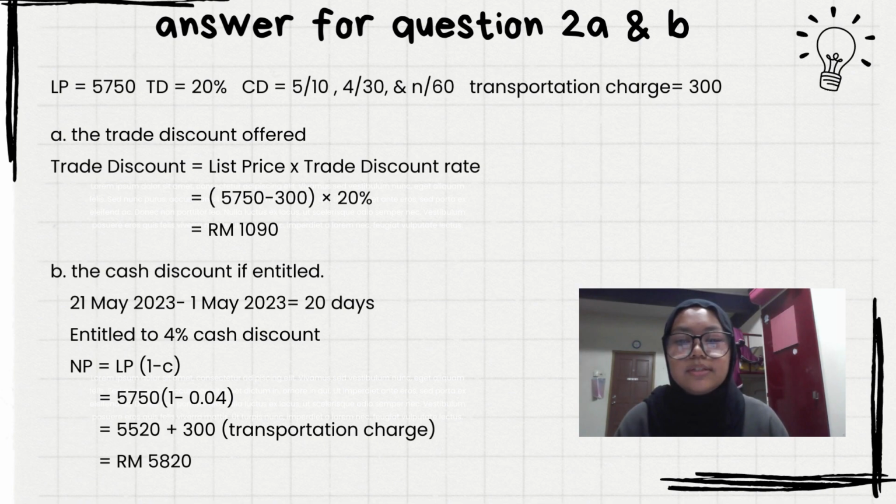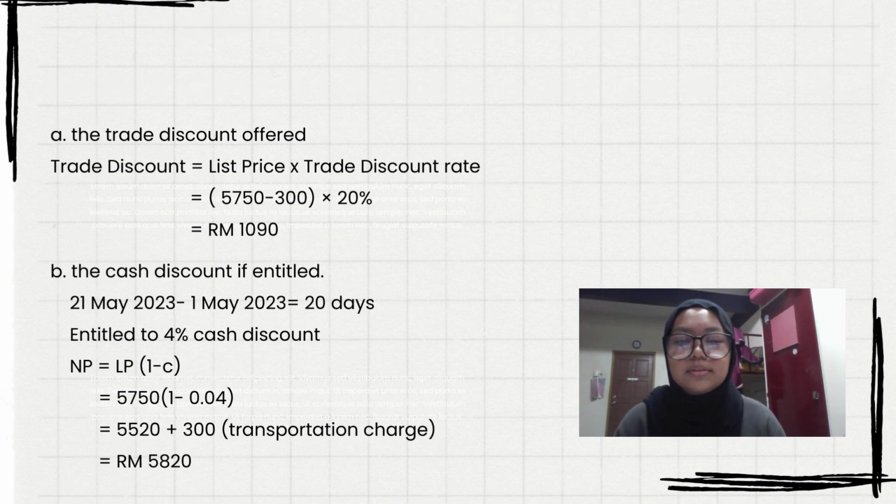So the formula is net price equals list price times 1 minus C, equals 5,700 times 1 minus 0.04. So we got the answer 5,520 plus the transportation charge, which is 300 ringgit. So the amount that we have is 5,820.